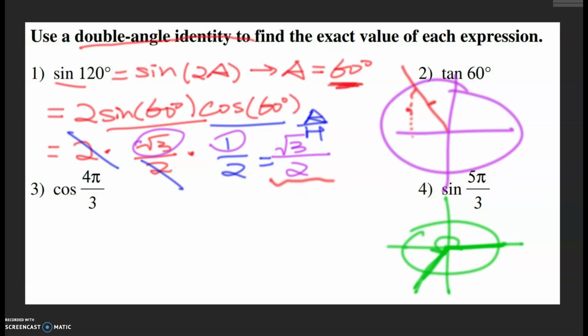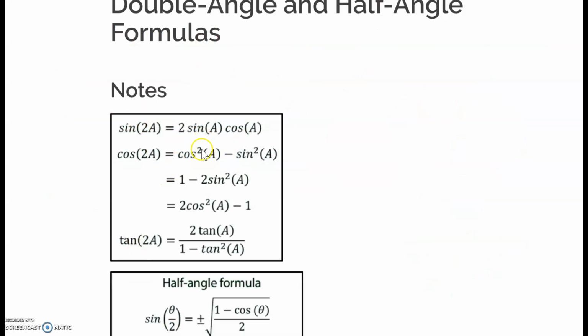The double angle formula says we are going to find half of the angle, which is 2 pi over 3, and 2 pi over 3 is 120 degrees. So right here, you will find half of the angle. Now let's look at the cosine formula. We can use cosine square minus sine square, or 1 minus 2 sine square, or 2 cosine square minus 1.